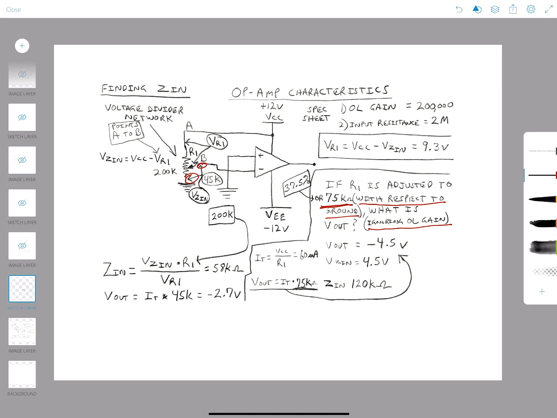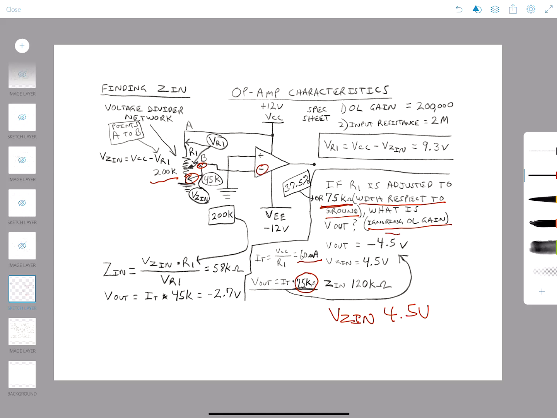So we've already calculated the total current. That does not change because we did not change the size of the pot, which is 200K. So we still have the 60 microamps, but now we have a 75K adjustment, and if we multiply those together, our V out, or actually our VZ in this case, is going to be 4.5 volts, and it is also on the inverting leg.